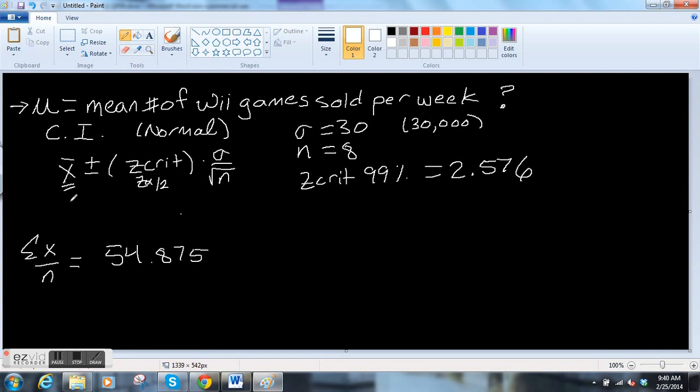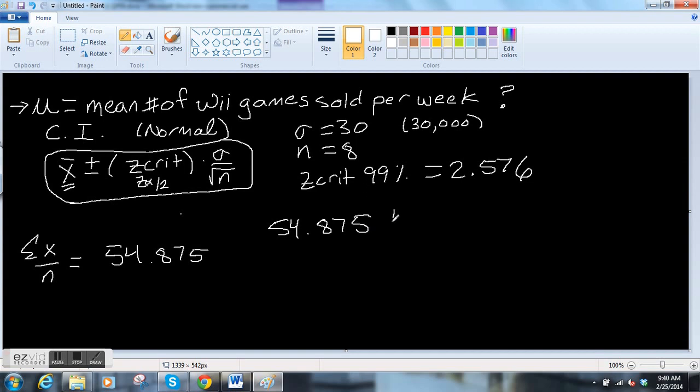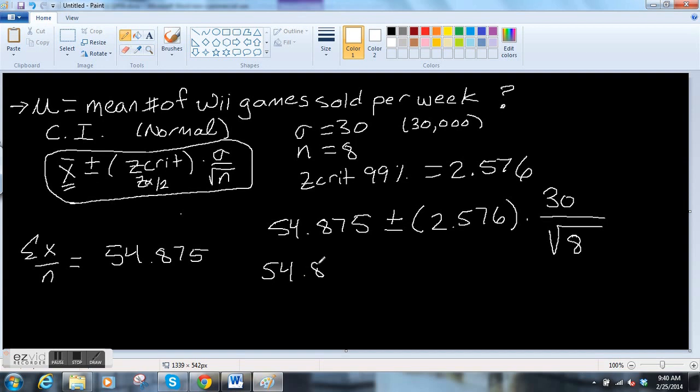So back to the problem. Here's our formula right here, and now we have all the pieces. So we can write 54.875, that's x bar, plus or minus z critical 2.576 times sigma, which is 30,000. I'm just going to leave it at 30 because all of the numbers were also in thousands, so we're keeping it consistent. Divided by the square root of 8, so that's 54.875 plus or minus all of that.